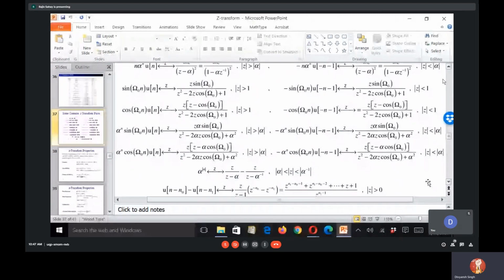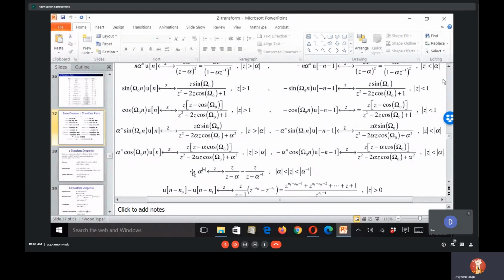Can you now see my cursor? Yes, sir. This one you try to work out yourself. This is alpha to the power mod of n. This is a two-sided sequence. And you have to worry about the magnitude of alpha.